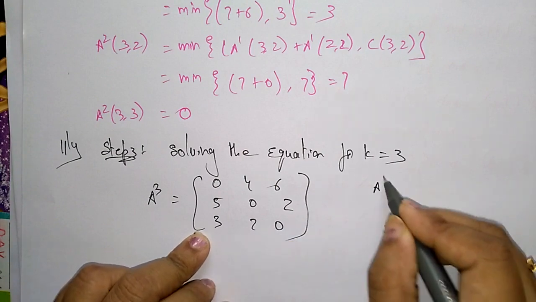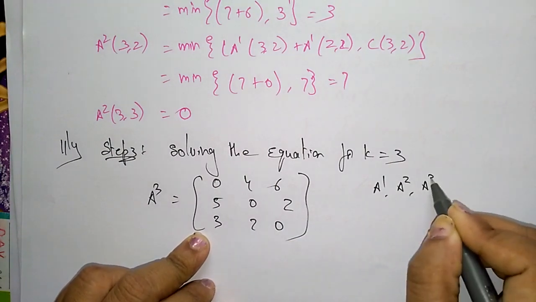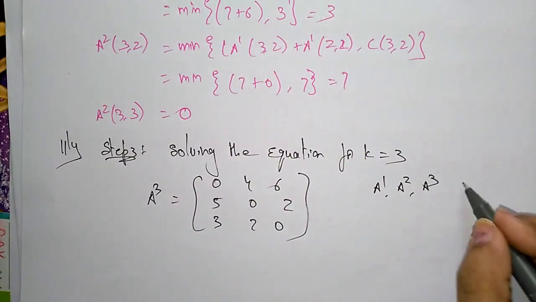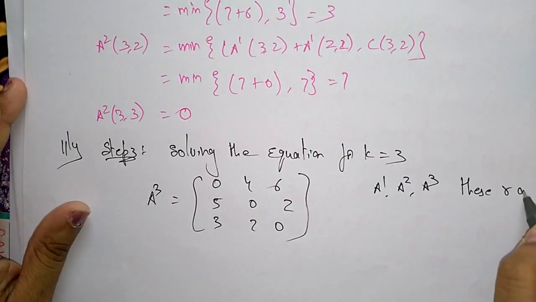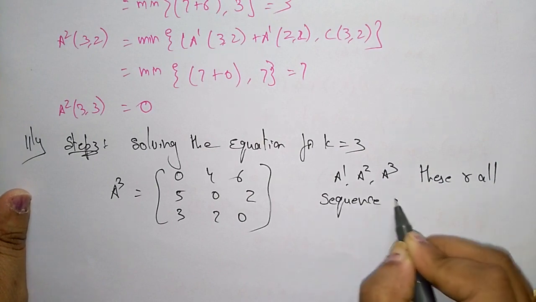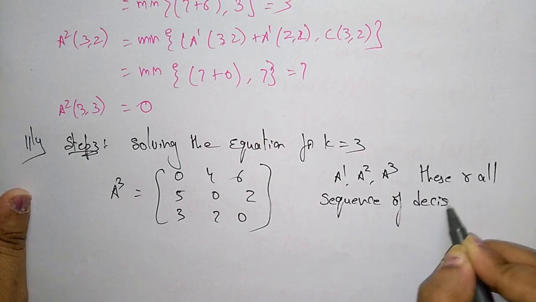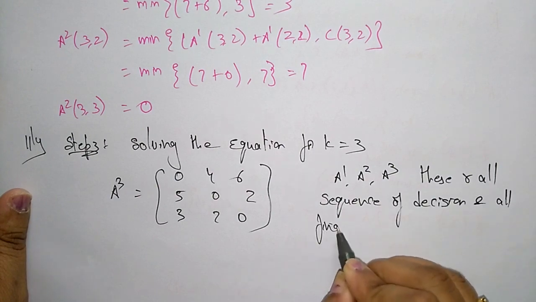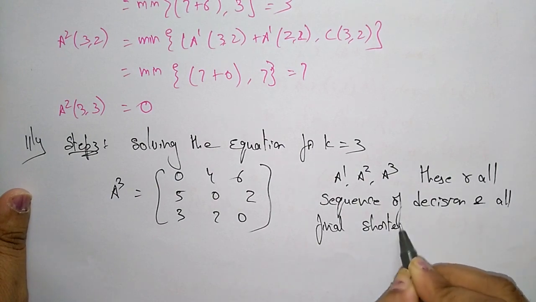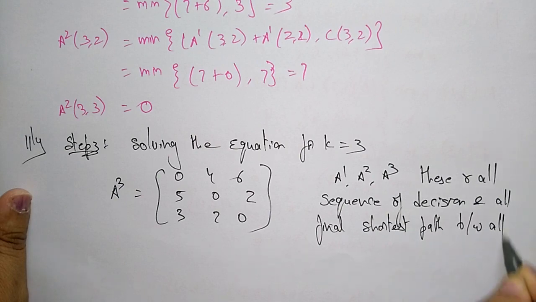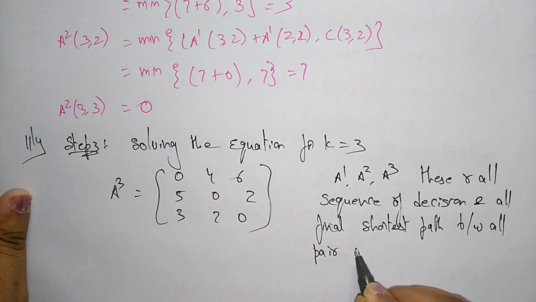So whatever the A1, A2, A3, these are all the sequence of decisions, and all final shortest paths between all pairs of vertices.